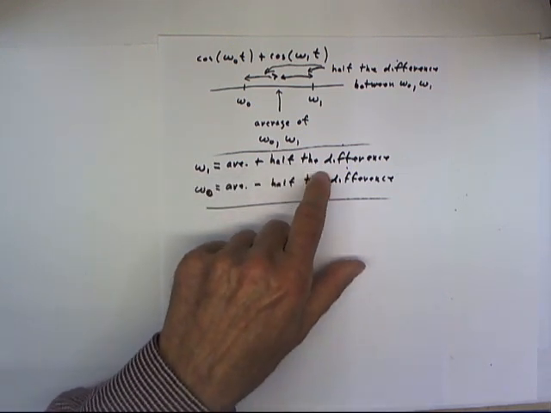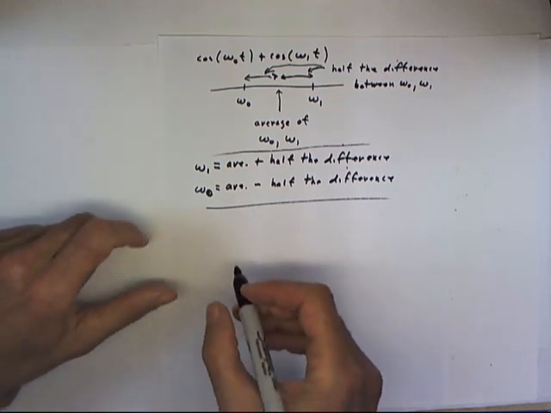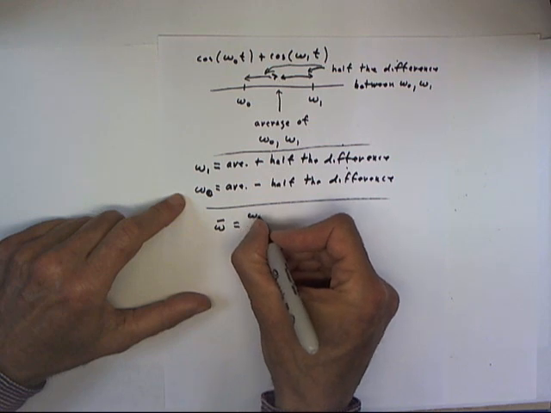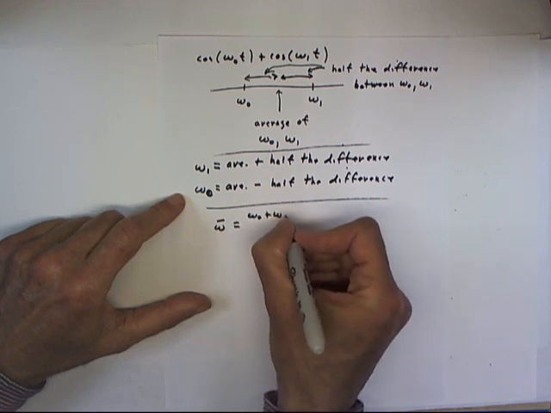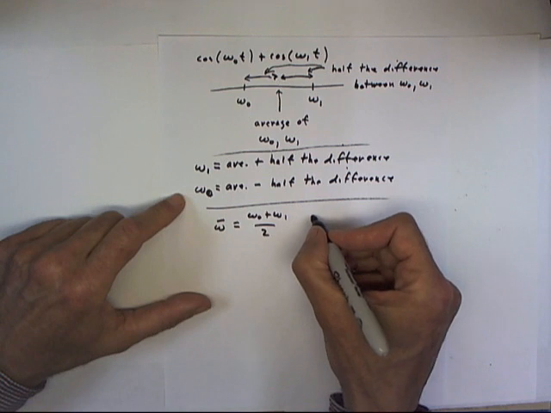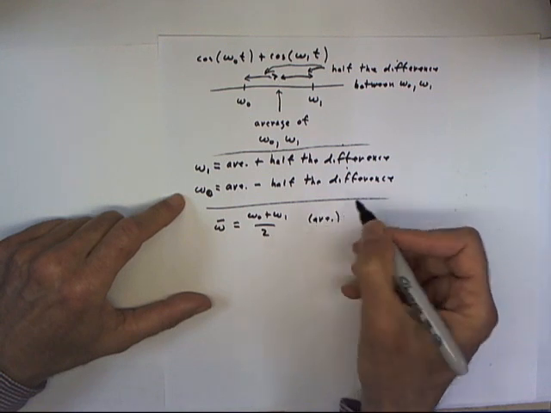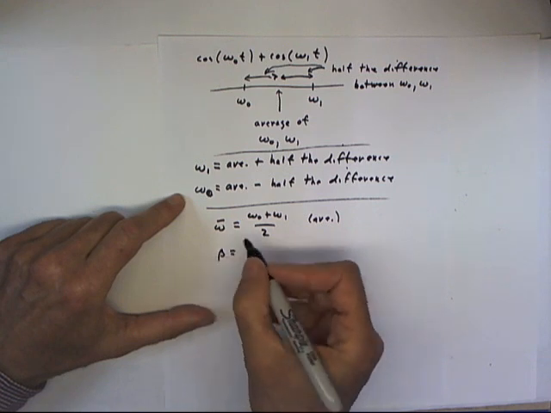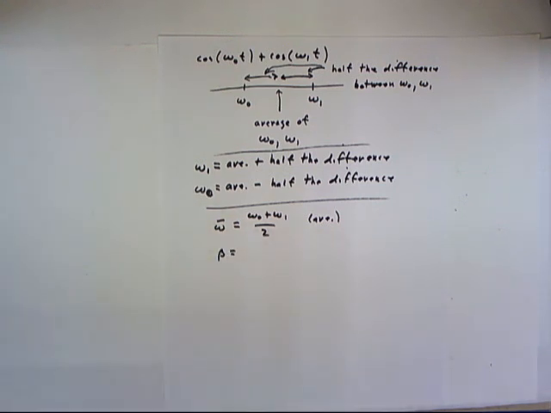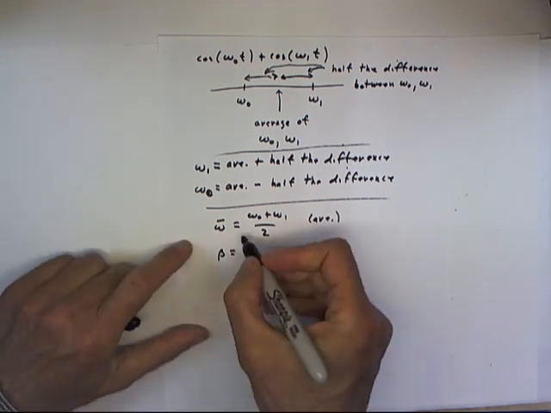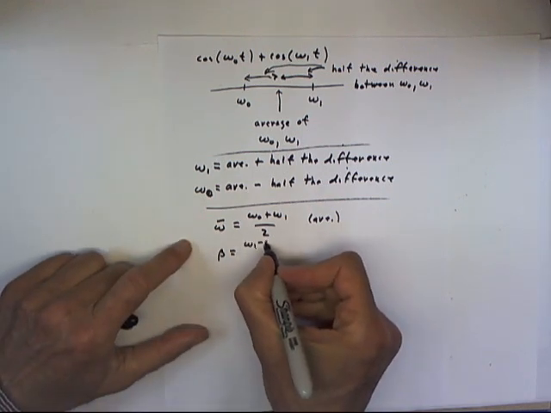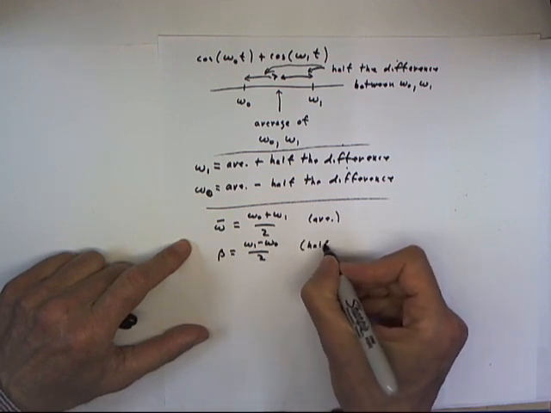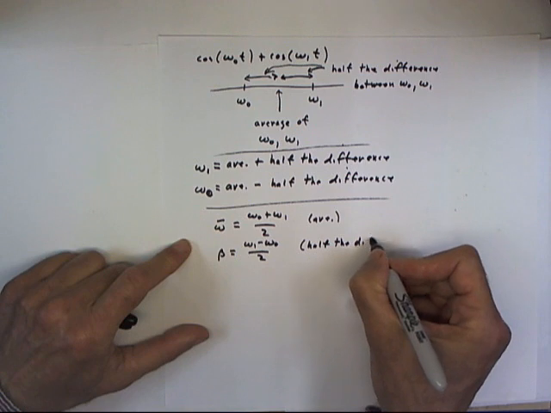Now, instead of writing out average plus half the difference, average minus half the difference, I'm going to write omega bar equals omega naught plus omega 1 over 2. That's the average. And I'm going to write beta equals half the difference, so I'm going to call that omega 1 minus omega naught over 2. So that's half the difference.